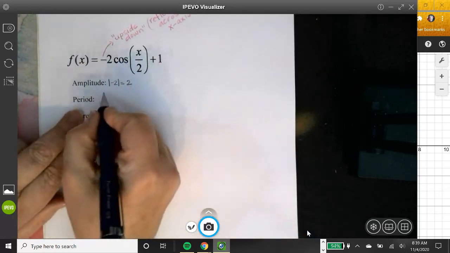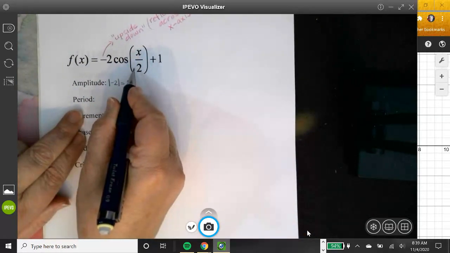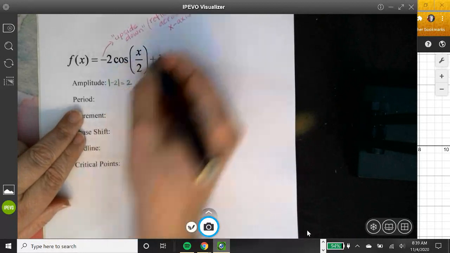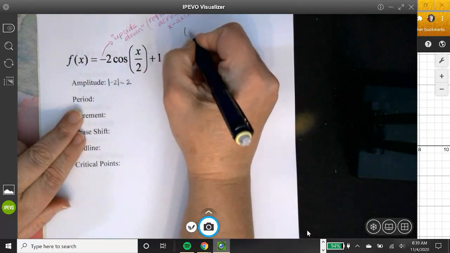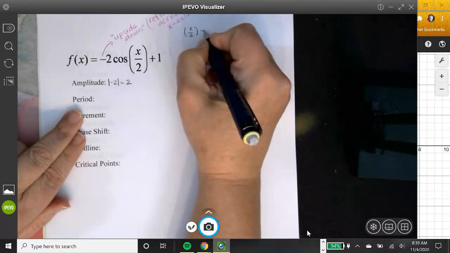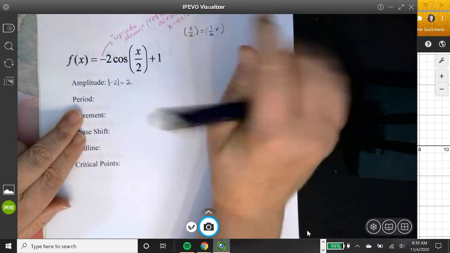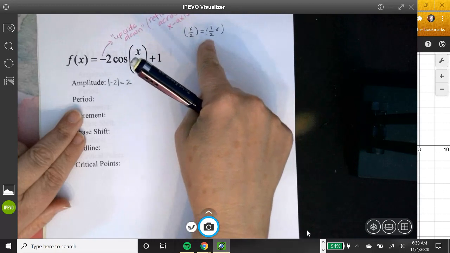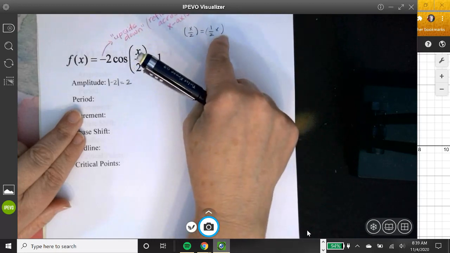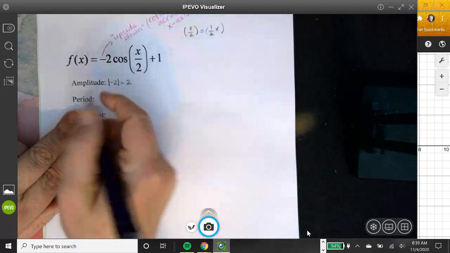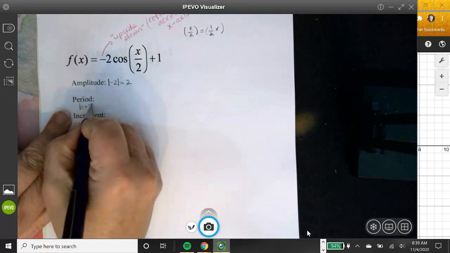All right, so let's see what happens. The period factor now, the coefficient of x over 2, because I could rewrite x over 2 as 1/2 x. It sure is. So the coefficient of the x is 1/2. So the period factor is 1/2.